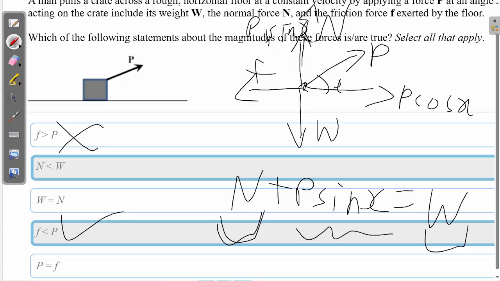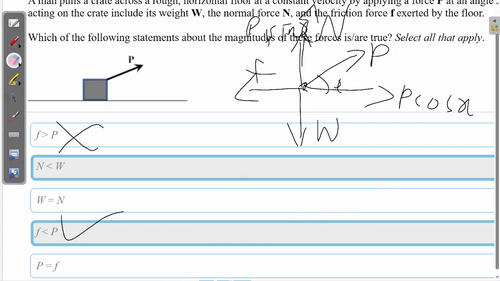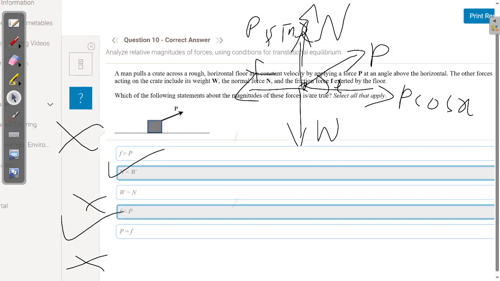So the normal is small, it needs something else to equal the weight. So the weight is greater. So if this was like 1, this would be 2, this could be 3, just imagine it like that. So this is correct, the weight is greater, they are not equal, and these are not equal as well.